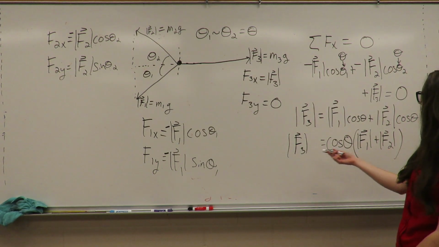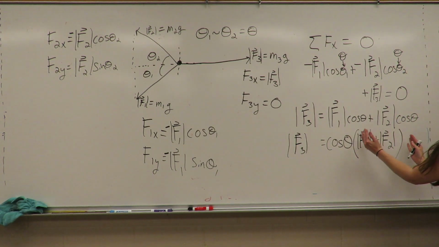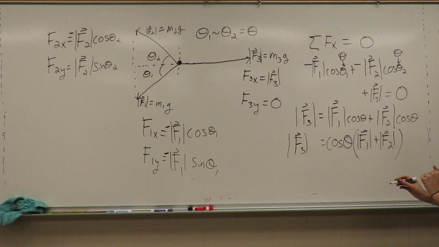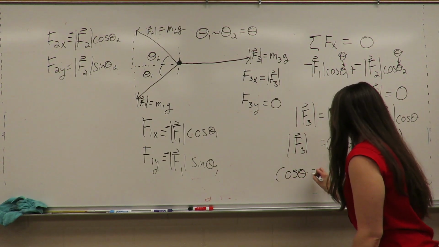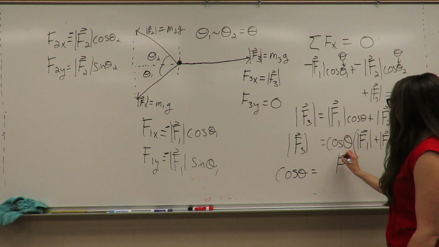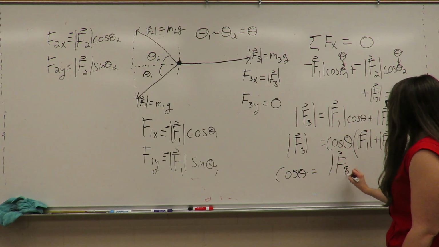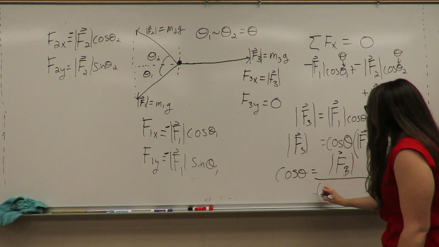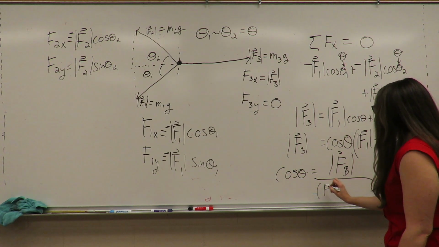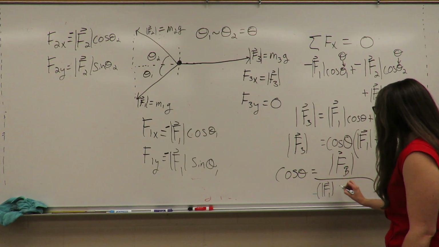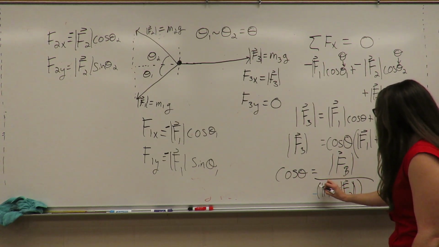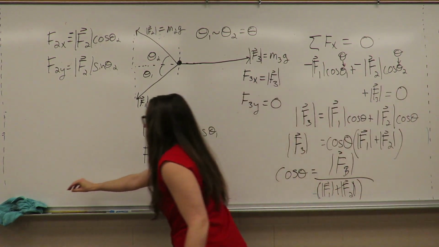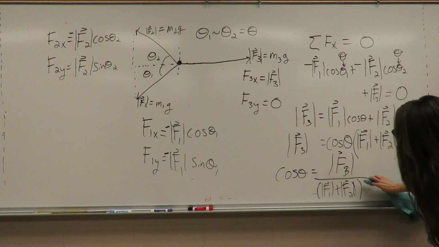I'm going to divide both sides by this F1 plus F2. Okay, so whenever I do that, I get cosine theta is equal to the magnitude of F3, so it should be F3, over the sum of the magnitude of F1 plus F2 magnitude. Okay. Maybe I'll remove these parentheses around here because it's getting a little messy.